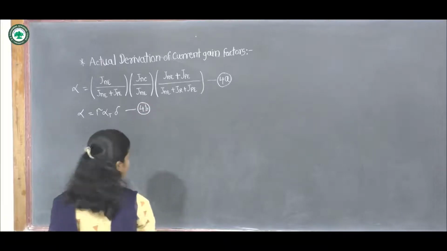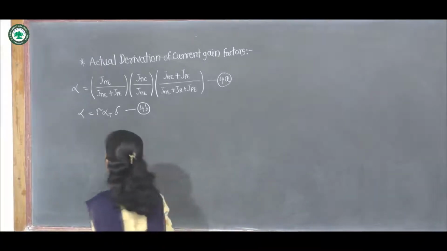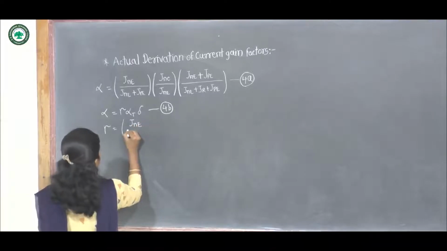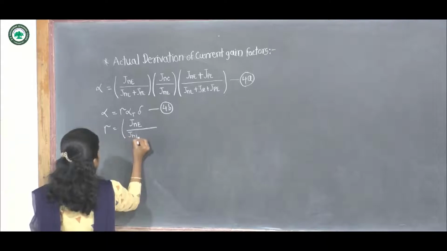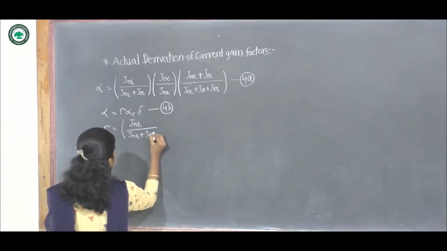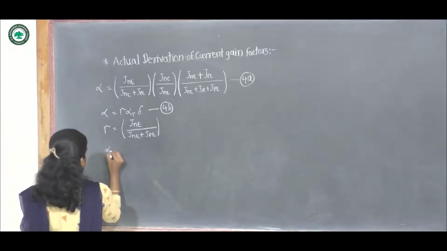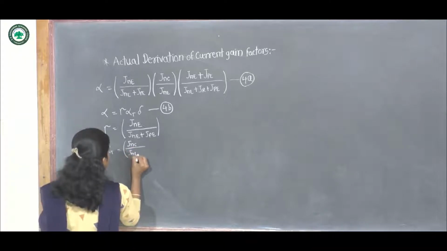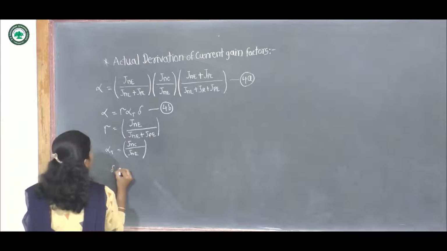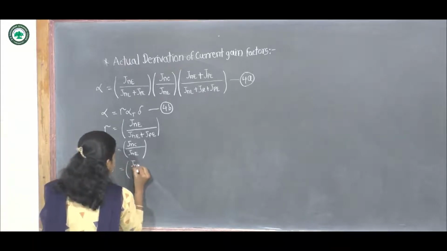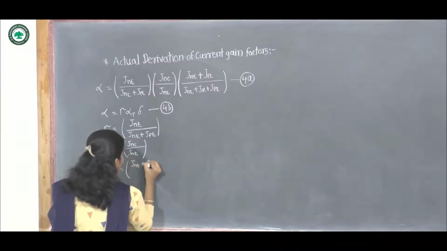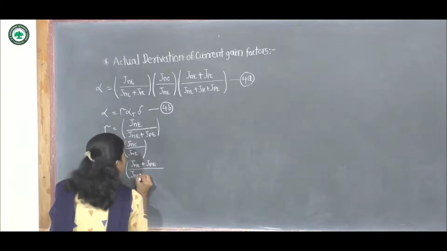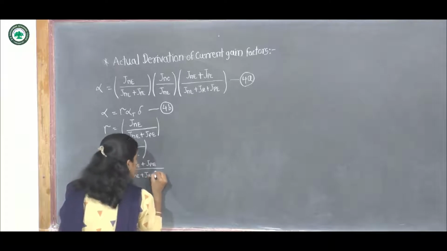These factors given in equation 4b can be defined as gamma is equal to JNE upon (JNE plus JP), then alpha t is equal to JNC upon JNE, and delta is equal to (JNE plus JP) upon (JNE plus JR plus JP).